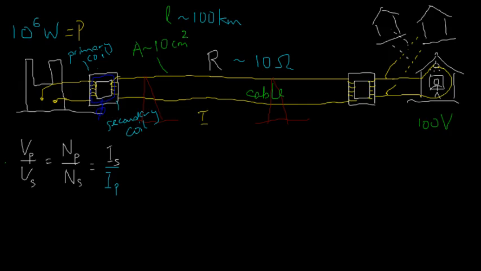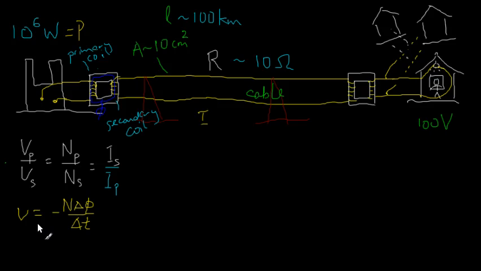Now, according to Faraday's law, we know that the induced voltage is equal to minus the flux change divided by the time taken. And for the flux change, we need to multiply it by the number of turns to get the total flux linkage.